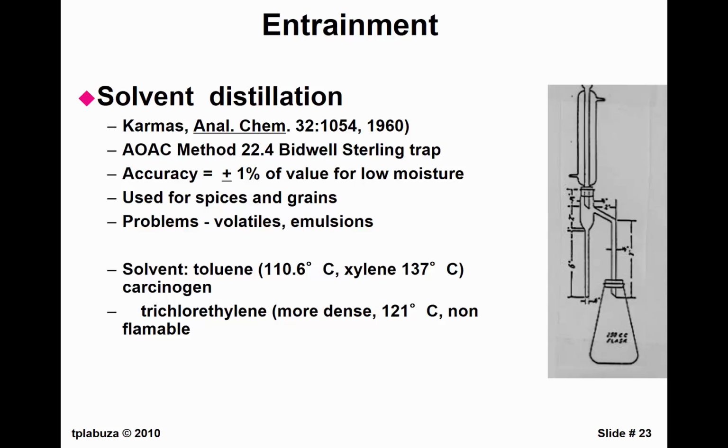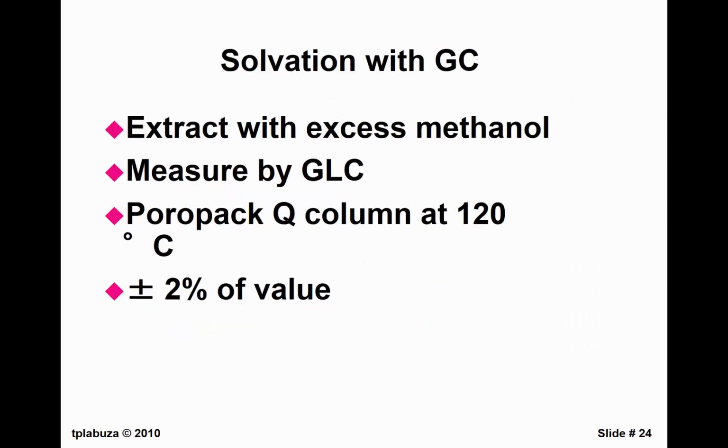The only difference here is that it's more dense than water, so the solvent goes down to the bottom, and the water stays here, and you've got more solvent in the sample, so you have to have a new tube that's much longer in there. Otherwise, you can't see all the water in the thing. Simple method, about half an hour of distilling, and then you just read the tube. That's why people liked it, because it was a rapid method.